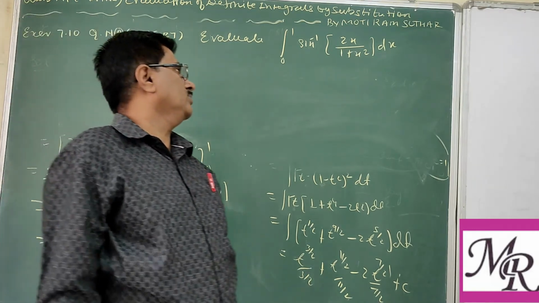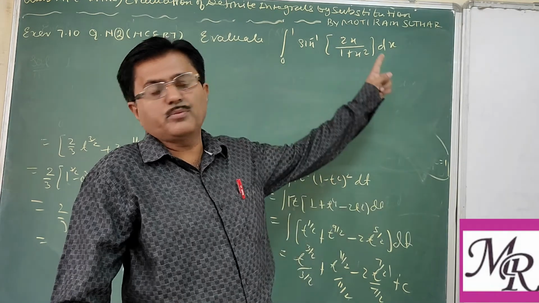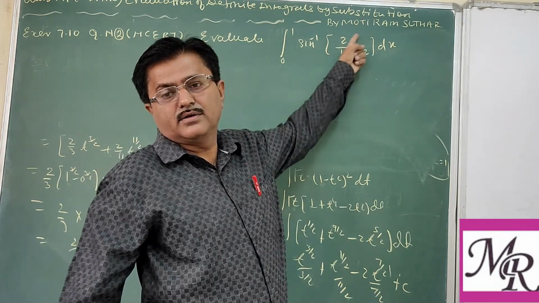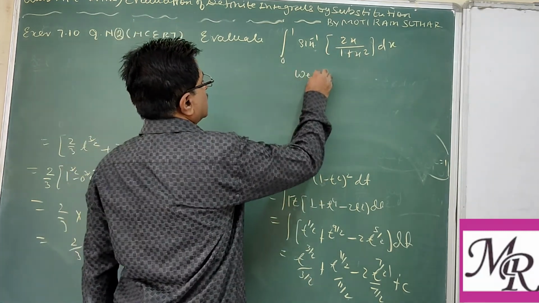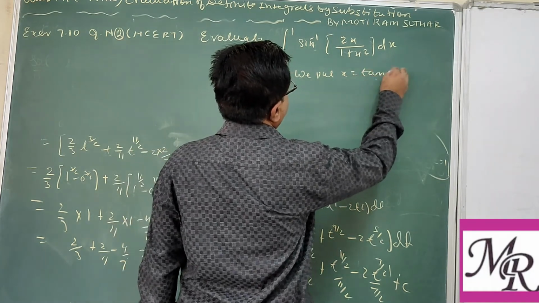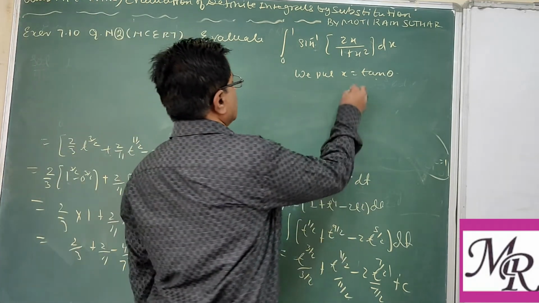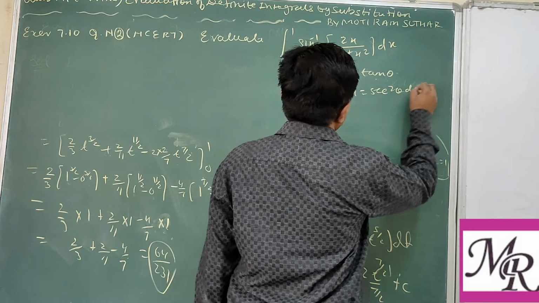So here you can put x equal to tan theta, because if we put x equal to tan theta then there is a formula we get for sine. So we put here x equal to tan theta. Clear? So dx equals sec square theta d theta.